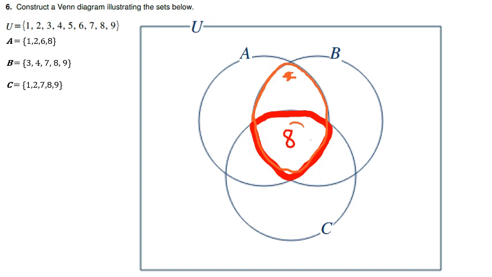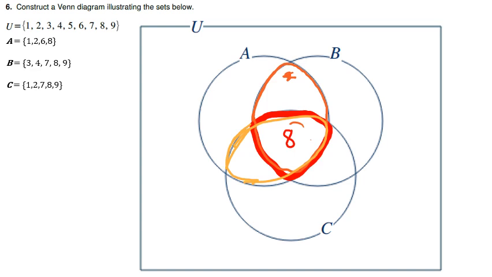Now I'm going to move on. I'm going to now consider this region. That consists of elements in A and C. So in A and C. But notice we've already filled out the middle. So anything else we find is going to go in this little tiny area right here. And I'm going to get my black pen working, because I really should have the black pen working.